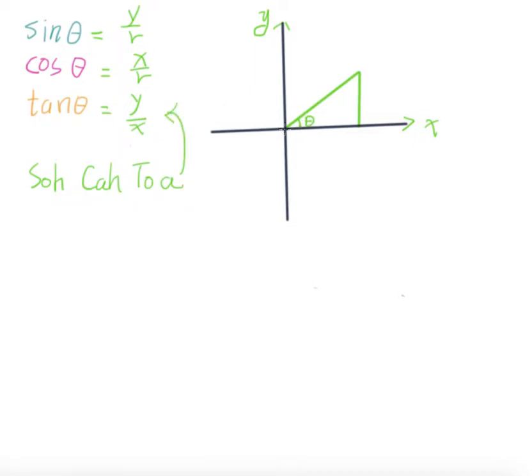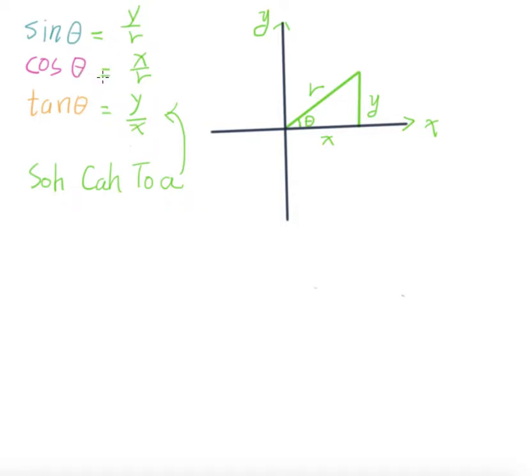Here is our x, here is our y, and here is our r, if we assume this is on a unit circle and this is r here. SOHCAHTOA, you can actually confirm it. SOHCAHTOA is opposite over hypotenuse, that is the sine value, which is y over r, which is what we got here.